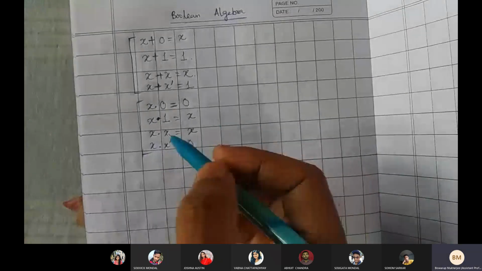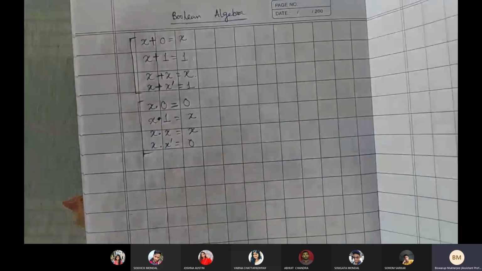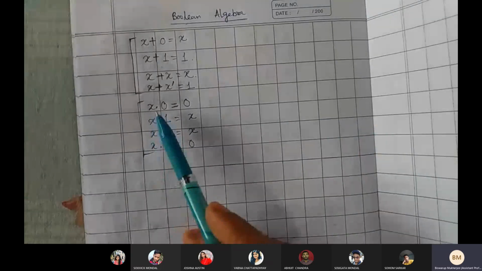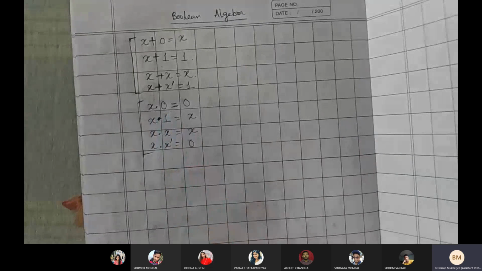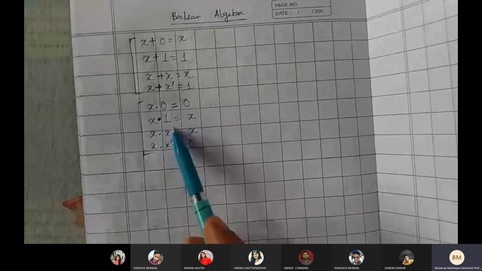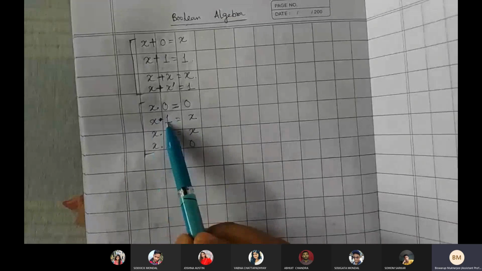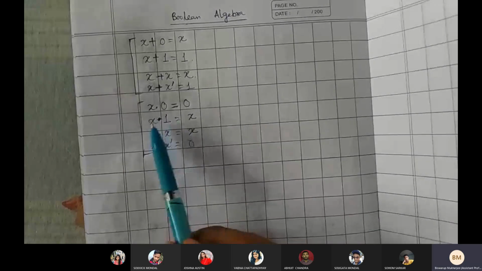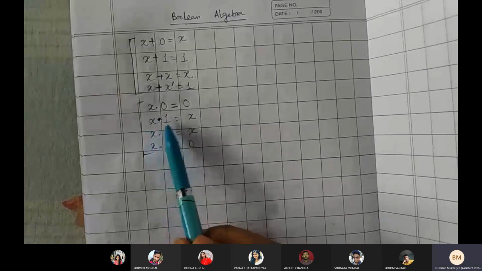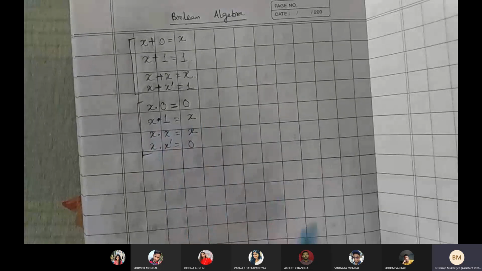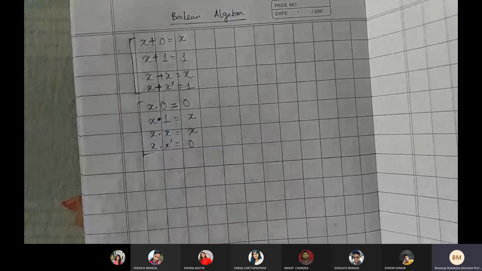In all cases, you can just assume the x value as 0 and you can assume the x value as 1, and you can easily find out something multiplied by 0 obviously would be 0, something multiplied by 1 is that value, right? If x value is 0, 0 dot 1 is equal to 0, 1 dot 1 is equal to 1, right? So that is x dot 1 equal to x.